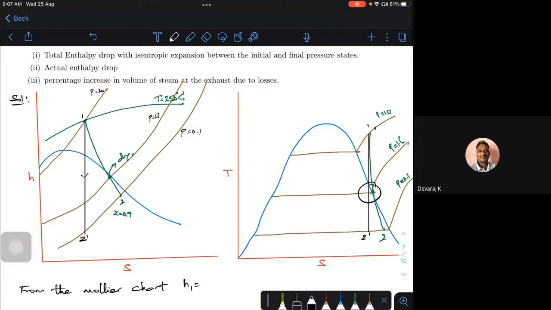So this intersection point, you draw a vertical line, you will get your H1. Now similarly, at this particular point, you draw a horizontal line, you will get your H2, and at this particular point, you will get your H2 dash.